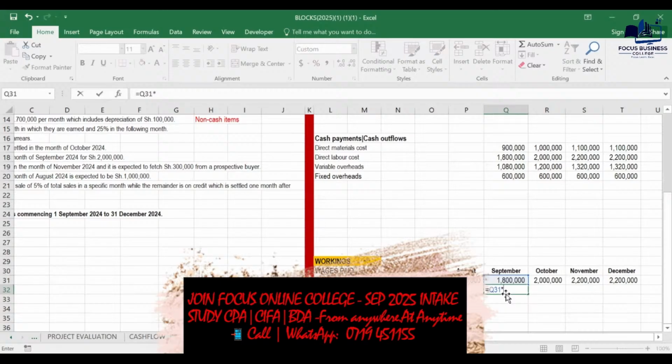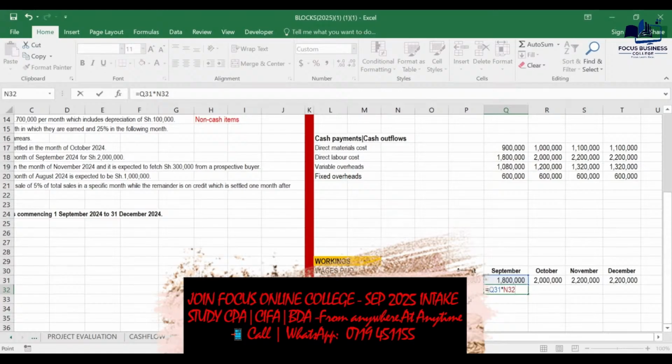How do we make our work a little bit easier here? Because I want us to develop a formula. So maybe you can have 0.75 here. So this one will be equal to this one times this. And automatically, what will happen here is that this percentage will not change all the way to December.